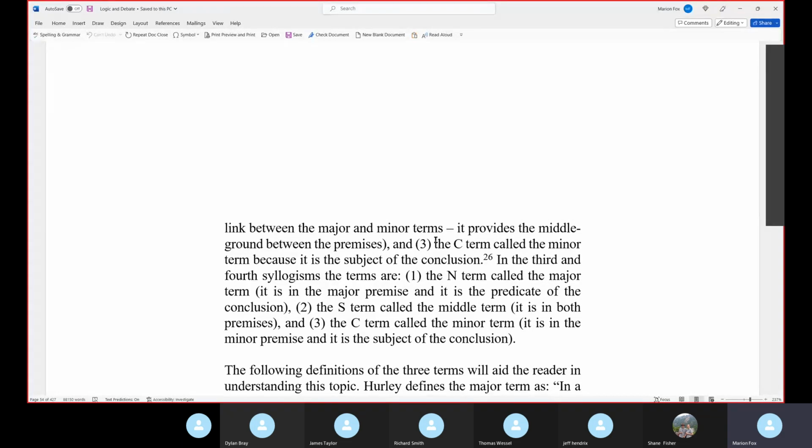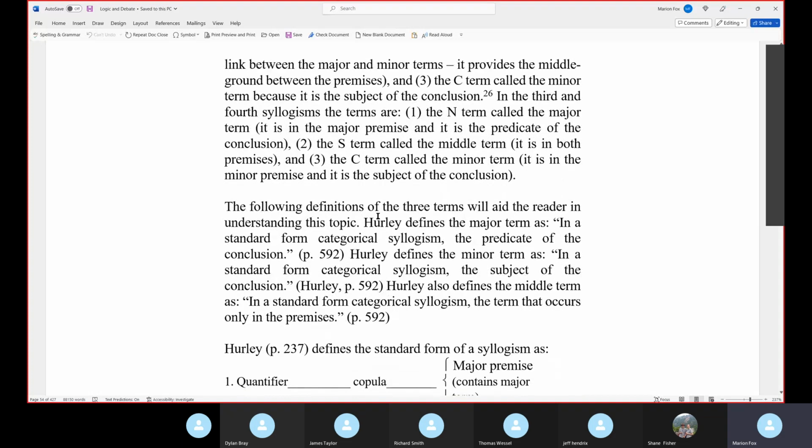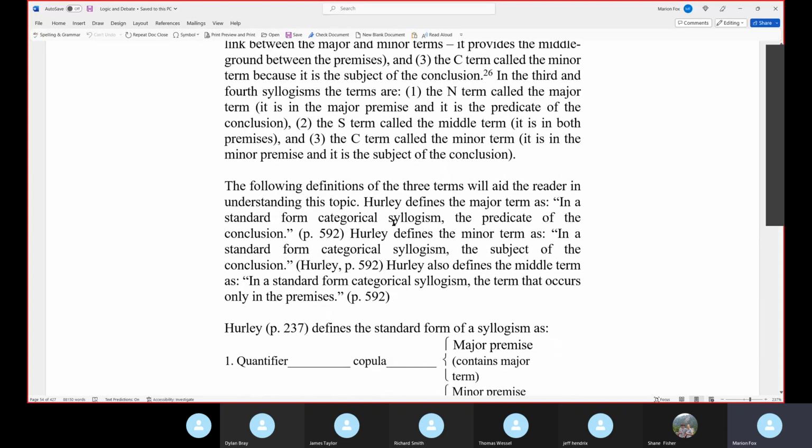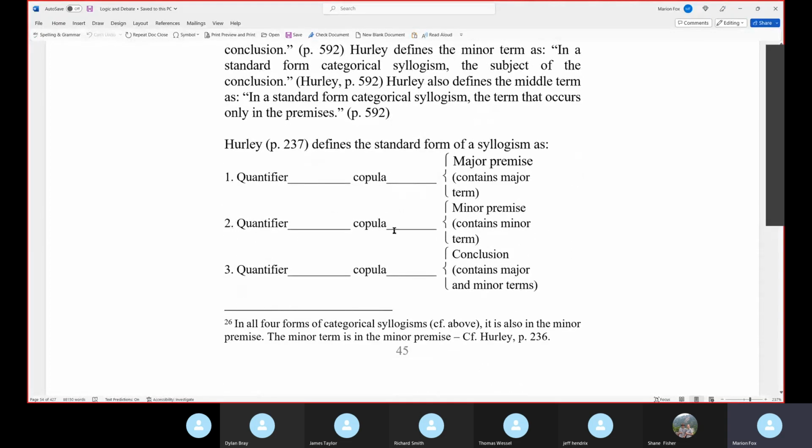Okay. Now we have 3 terms, and we want to find them in what some people are calling syllogisms. Well, the major premise contains the major term and the middle term. The minor premise contains the minor term and the middle term.